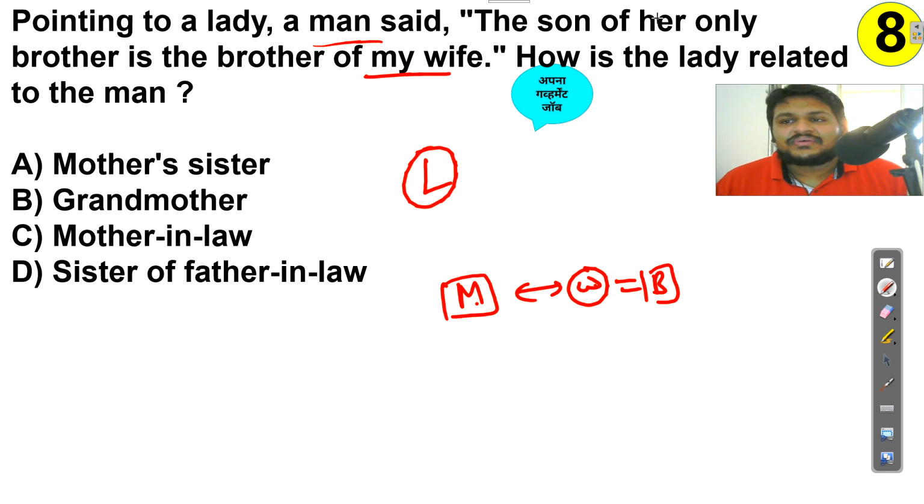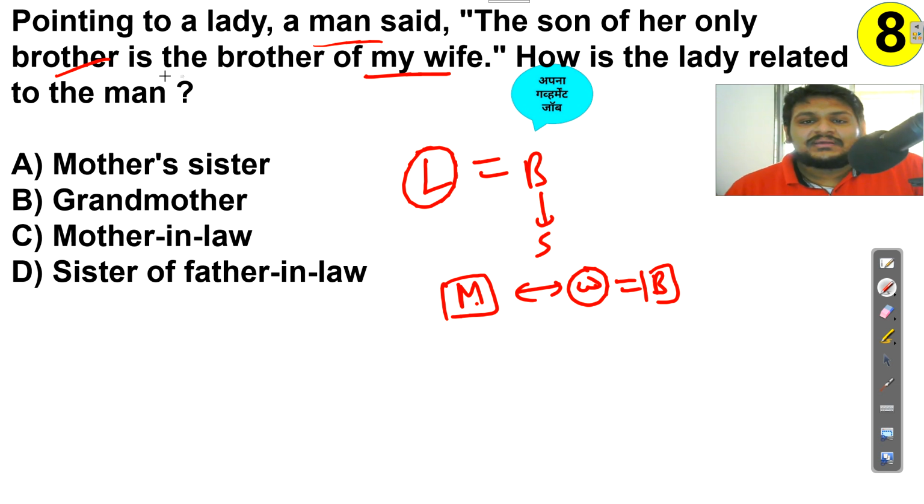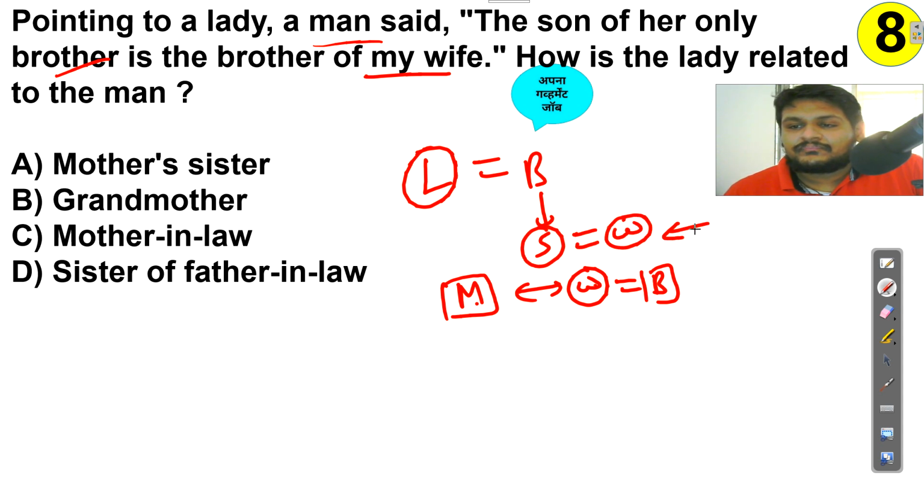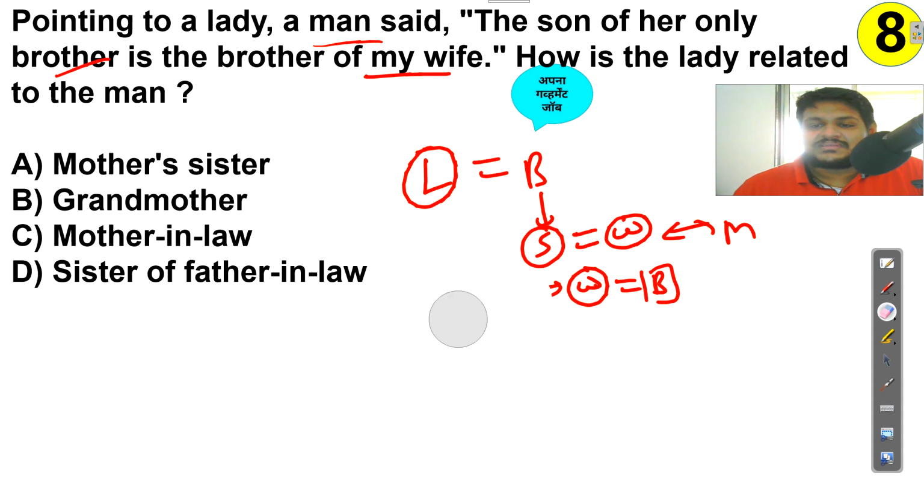The son of her only brother is the brother of my wife, means the lady's brother is there, and the son of the brother, and the son of the brother is the brother of my wife. So this son is the brother of wife. Okay, so this is the perfect diagram for this.